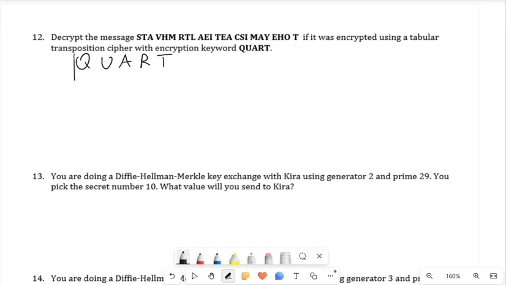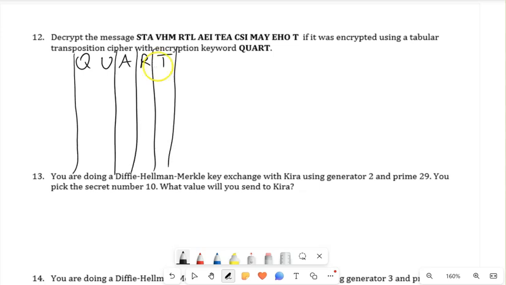And what that does is it gives us the number of columns that this table will require. Next up, I count how many letters are in the message. 1, 2, 3, 6, 9, 12, 15, 18, 21, 24, 25.